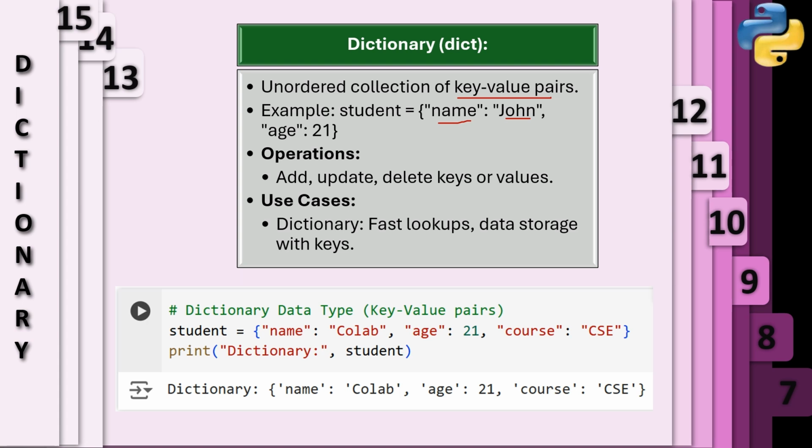You can access the values in a dictionary by referring to their keys. Dictionaries are mutable, so you can add, remove, update, or delete either keys or values. Dictionaries are incredibly efficient for storing and managing data in key value pairs and for fast lookups.